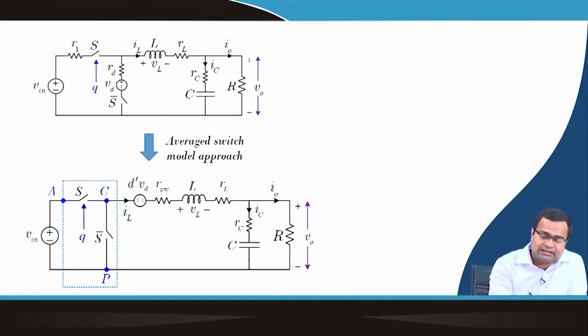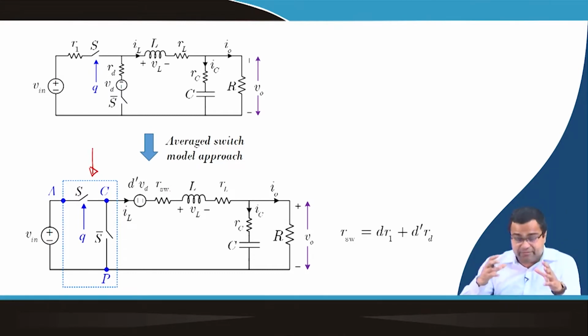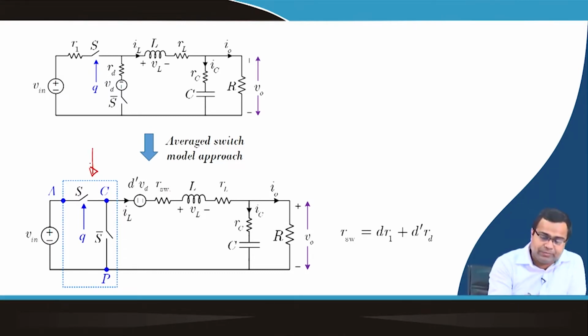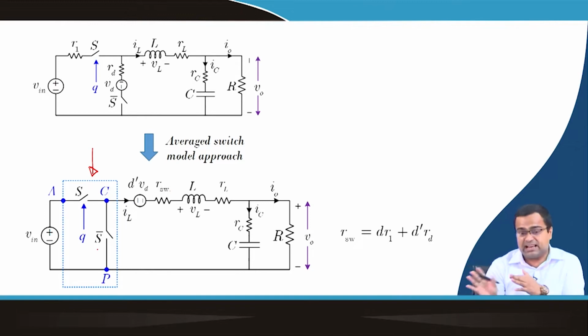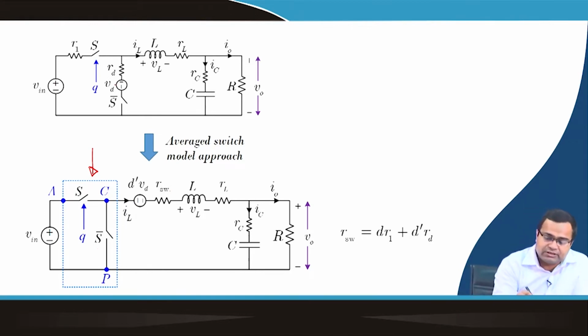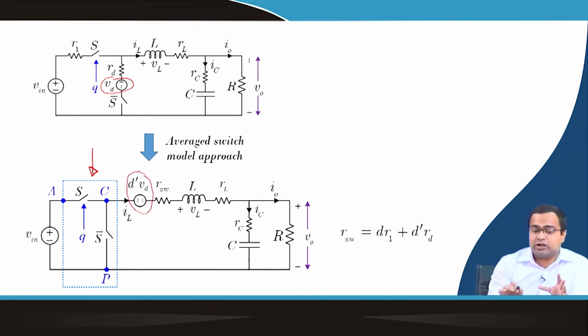If we want to apply the average switch model, then we need to make this switch an ideal switch. That means all the parasitics have to be taken to the right side. This Vd came here with 1 minus D because it is activated during the off time.